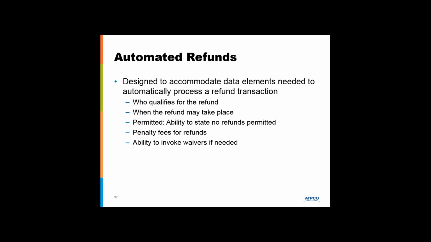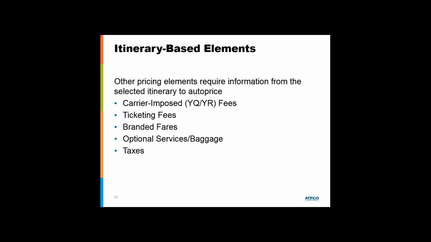They may waive it for certain conditions. So this automated process is going to be something you hope to use. If you're not, it eliminates, as I said, a lot of the manual processes that don't get it correct.